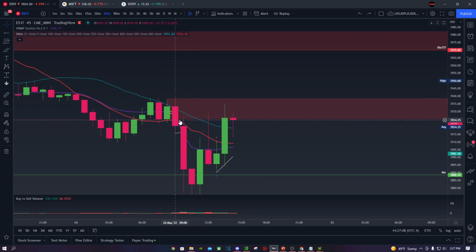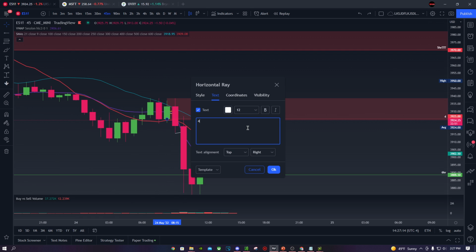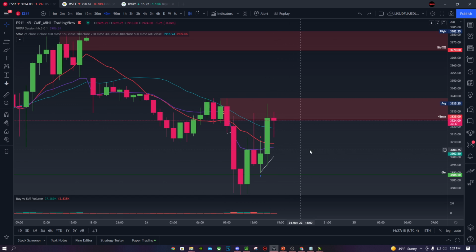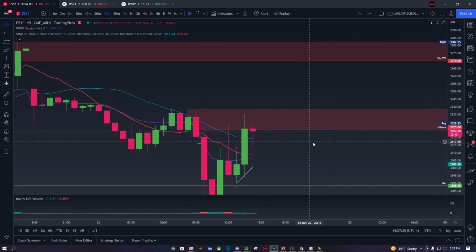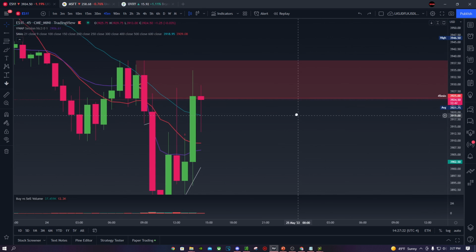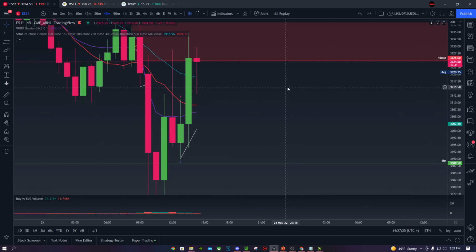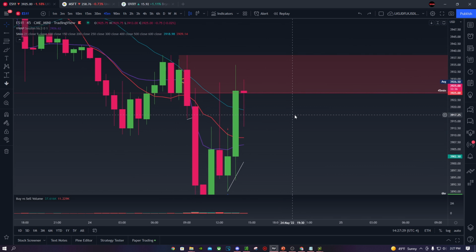But again, if you draw what you think, it works out half the time. Well, supply and demand works out probably 90% of the time. But just put some question marks by it if you're unsure. That way you know what kind of zone you're coming up to, a strong zone or a weaker zone.